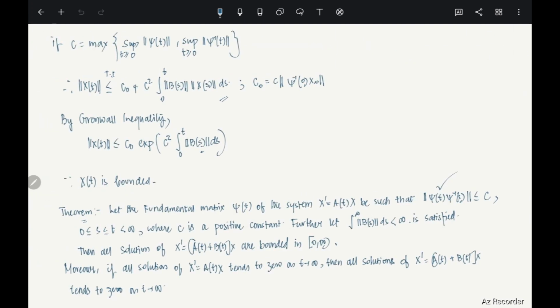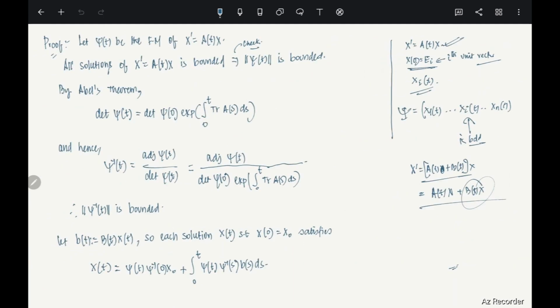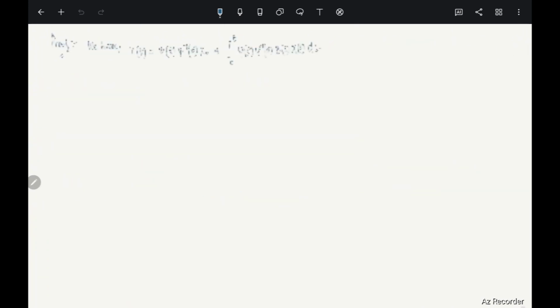This is the thing which we did earlier. The x will satisfy this equation.